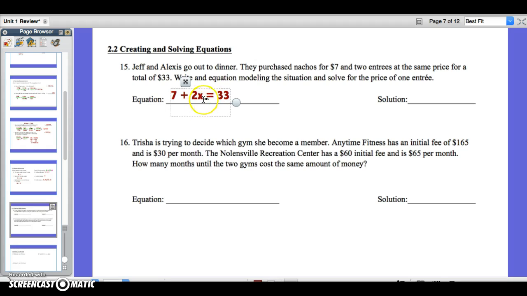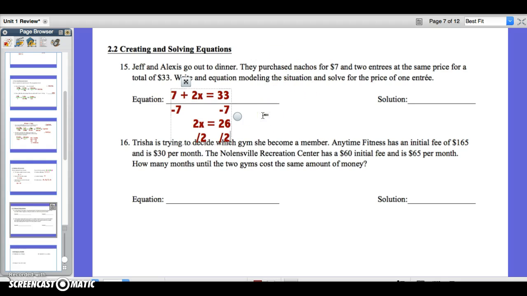Now we're going to use our inverse operations in order to solve. I'm trying to isolate the x, so we need to first remove this 7 from each side. Since it's a positive number, I'm going to subtract 7 from both sides. When I do that, I get this result of 2x is equal to 26. Lastly, I'm going to divide both sides by 2 so that I can get the x term by itself.